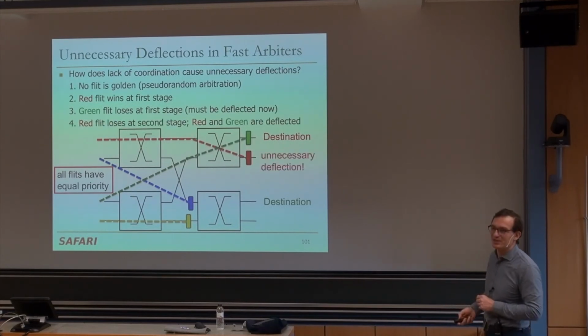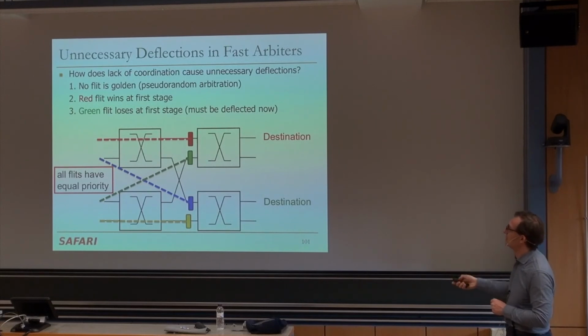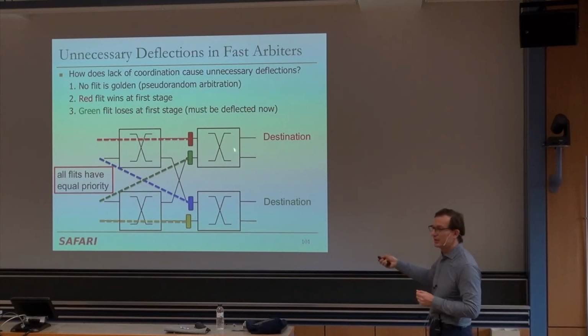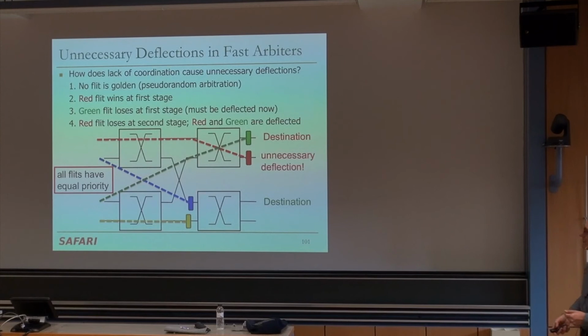You basically get an unnecessary deflection, because even though the red one was prioritized over here and routed towards its destination, it got deprioritized over here because the decision was random and local to this 2-input arbiter. So both of these get deflected, and the red one's deflection was unnecessary, really.